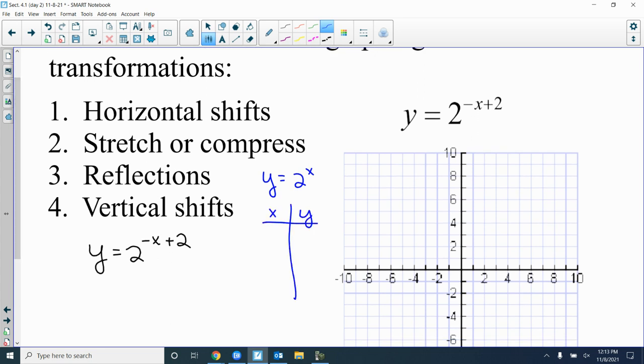So x, y, I'm going to plug in negative 2, negative 1, 0, 1, and 2. All right, 2 to the negative 2. Positive 1/4. 2 to the negative 1. Positive 1/2. 2 to the 0 is 1. 2 to the first is 2. 2 squared is 4.